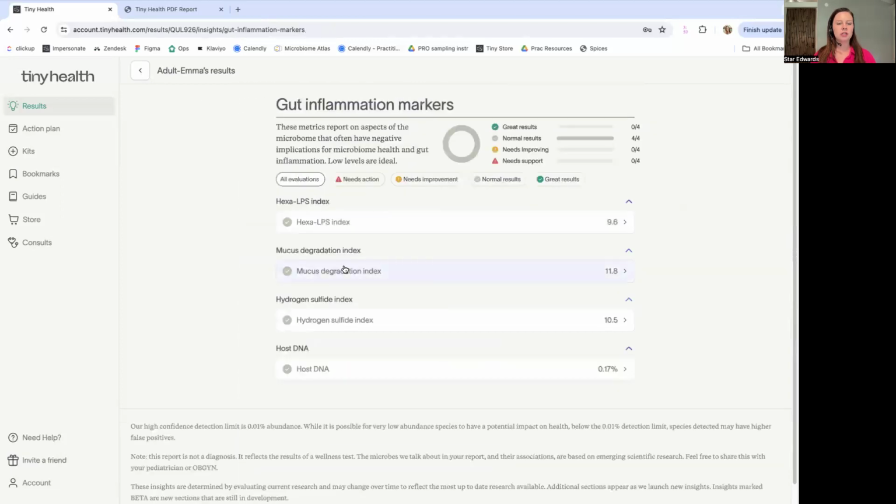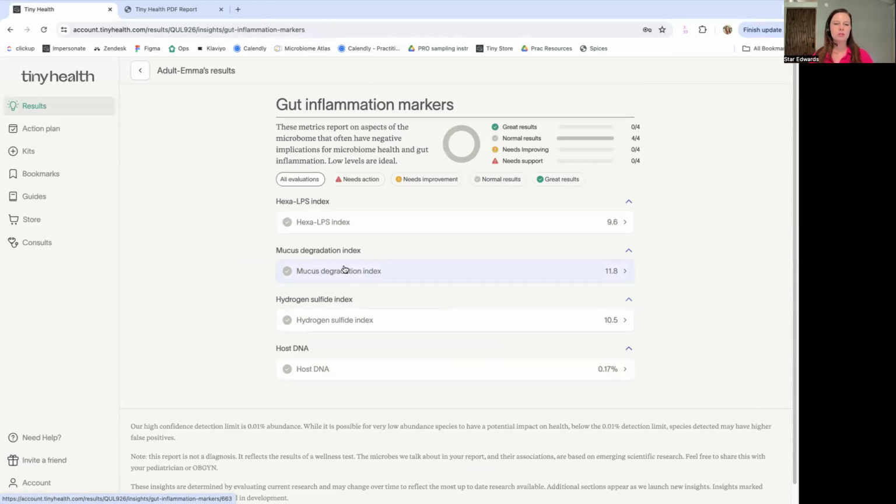Now, this section, these are indices. And in each one of these indexes, we are able to look at not only who is there that is producing the LPS or the hydrogen sulfide, or who is a mucus degrader, so based on taxonomy, but because we are using shotgun sequencing, we are able to capture all the genes in the sample who code for this function, no matter who they come from.